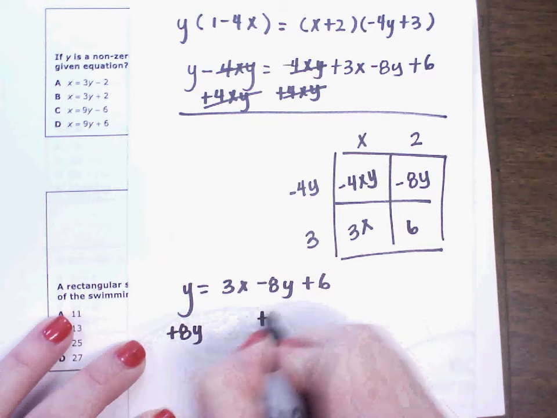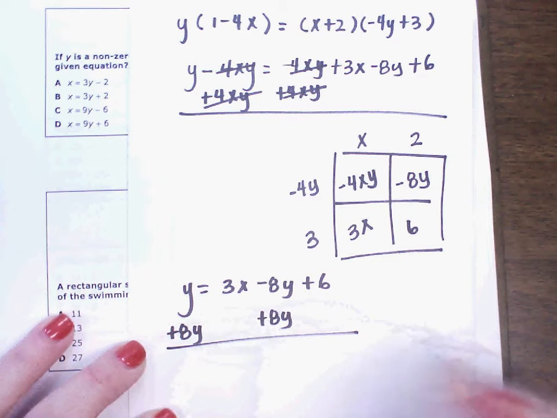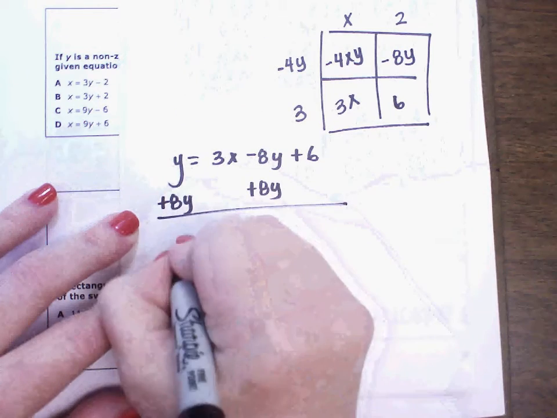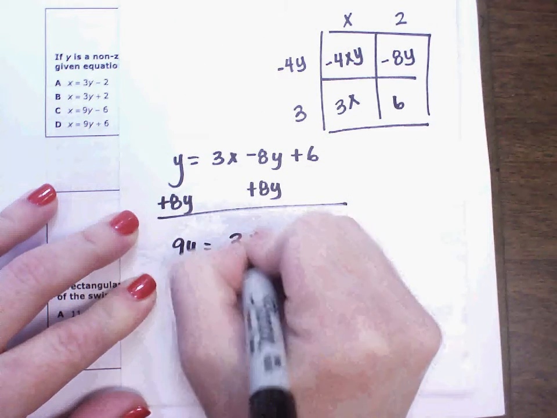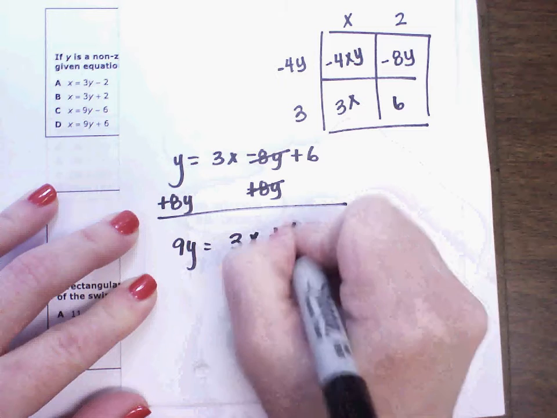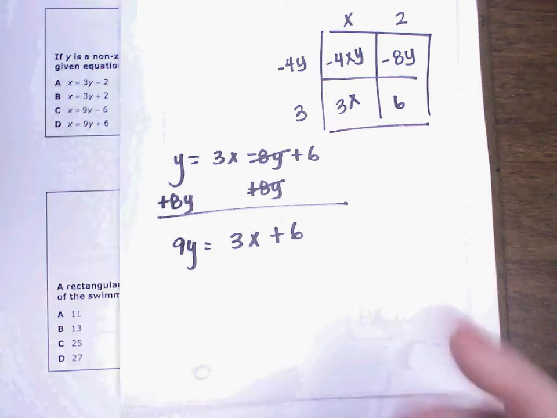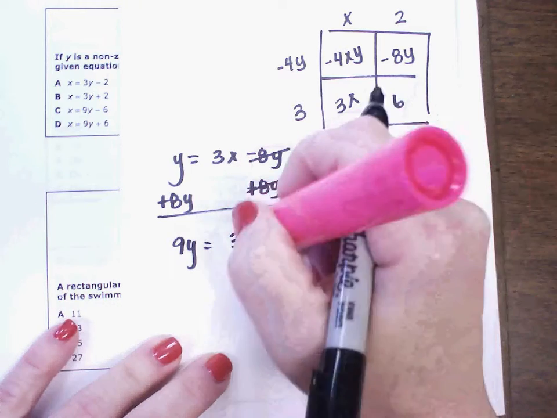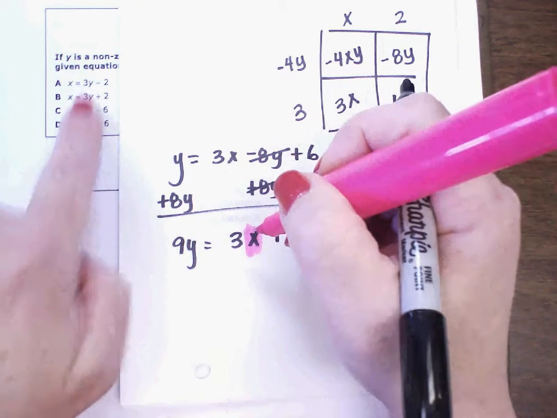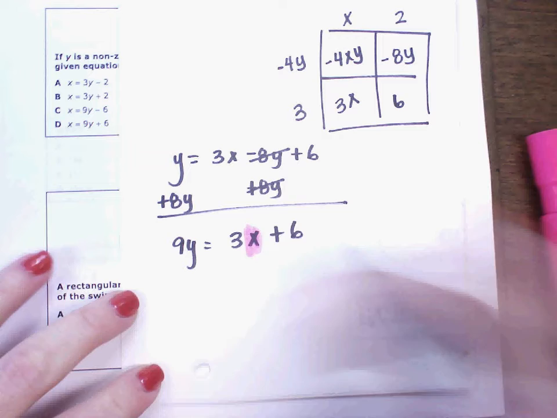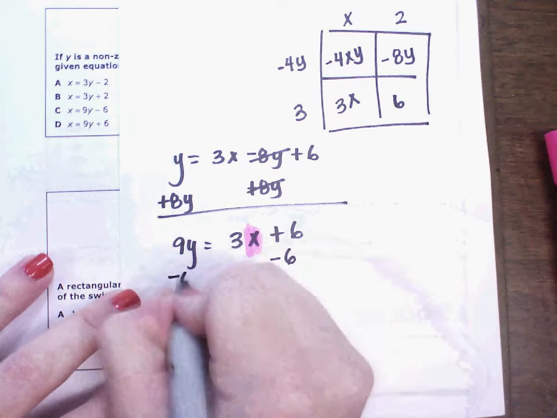So I'm going to say plus 8y, and that's 9y equals 3x, because that's canceled, plus 6. I still got to solve for x. Look at your options. You still got to solve for x.